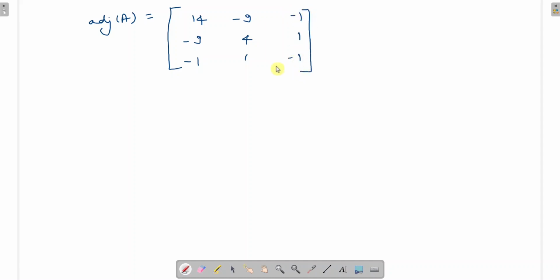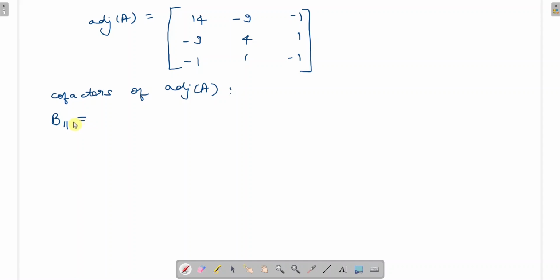So this is adjoint of A. Now we have to find the adjoint of A inverse. Okay, so what we have to find is now the cofactors of adjoint of A. So cofactors of adjoint of A, we can write it as B.